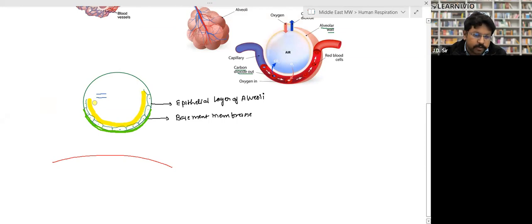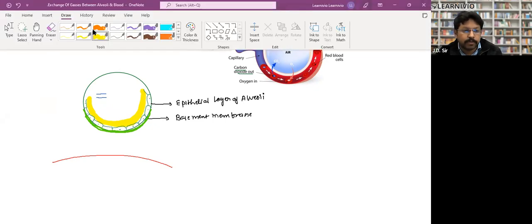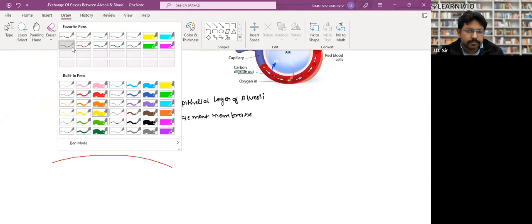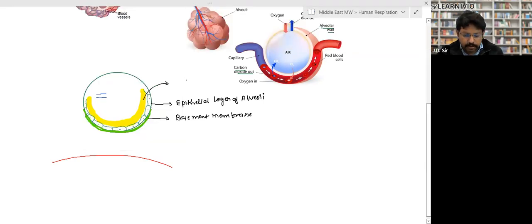When we get an infection, this comes out of our body in the form of cough, right? So this material is called surfactant. Fluid surfactant layer. This is surfactant fluid.